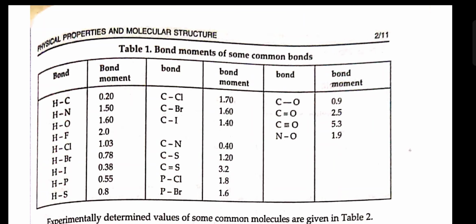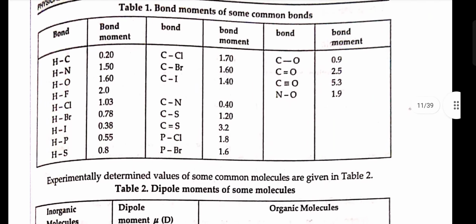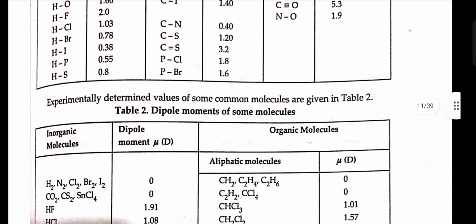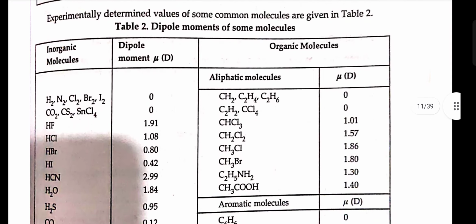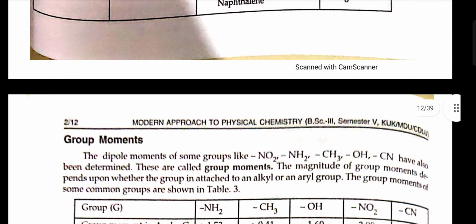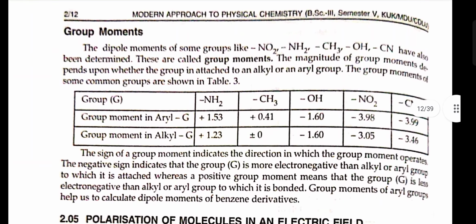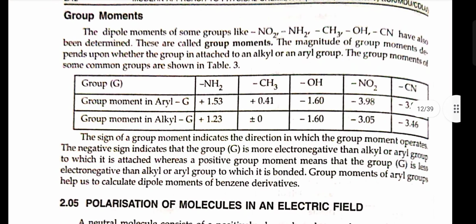Here are some bond moments of diatomic molecules given in the table. Group moments: the dipole moments of some groups like NO2 and OH are determined and are called group moments.